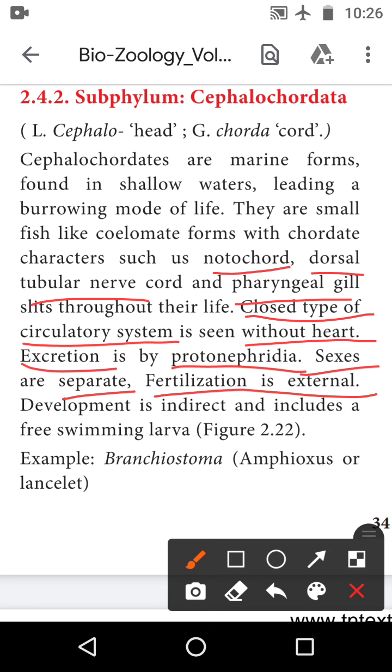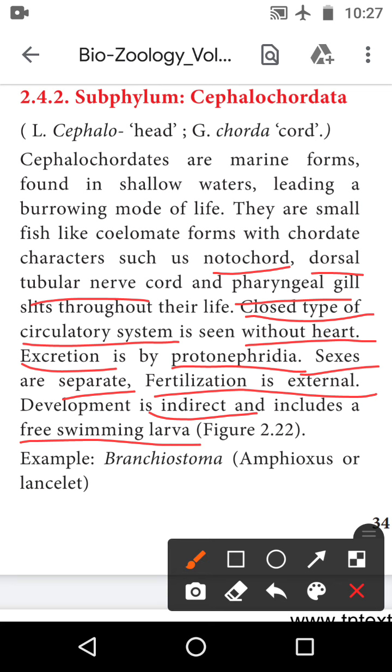So what is meant by fertilization? Yeah, correct. Fertilization means the fusion of male and female gametes. So the fusion is external, outside of the body. Then development is indirect. Indirect means a larval stage is present, including a free swimming larva.